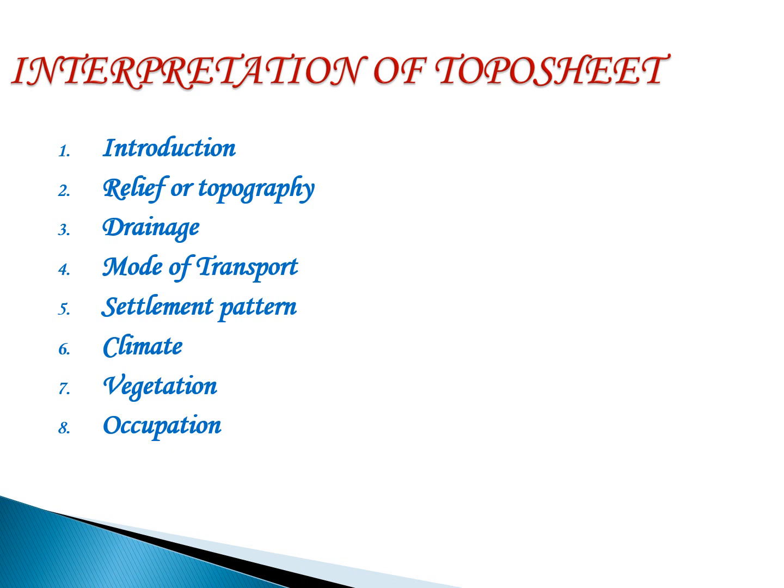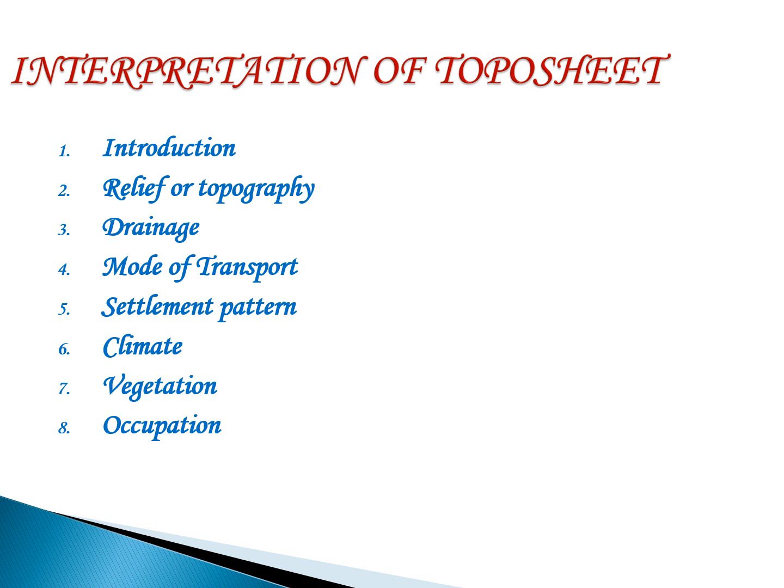So this is all about the introduction of the topo sheet. What all the necessary concepts you must know to interpret the topo sheet. So whenever a topo sheet is given in exam, you have to write all these 8 points by seeing the map, okay, seeing the topo sheet. So a topo sheet will be given.